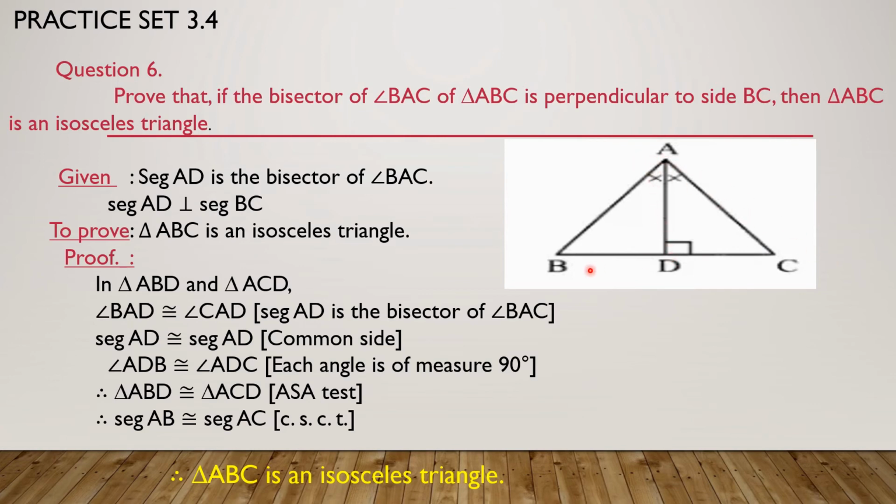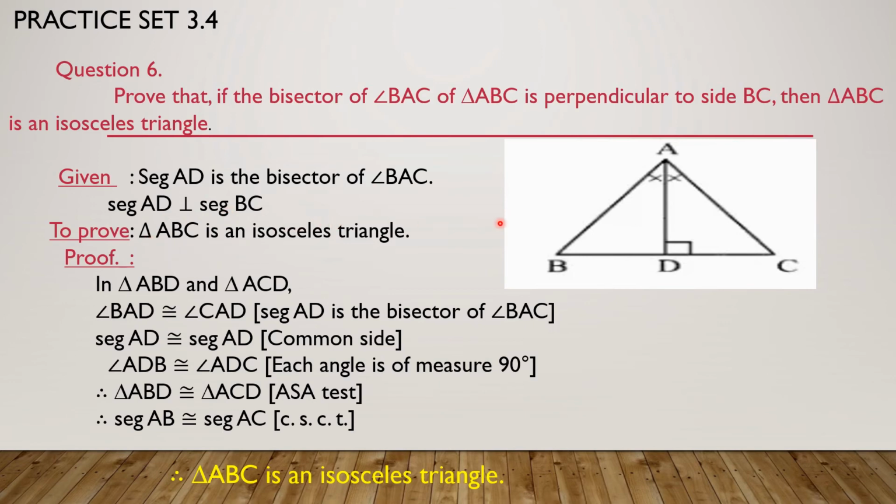That means here AD is perpendicular to segment BC. First write given. Segment AD is the bisector of angle BAC and segment AD perpendicular to segment BC. To prove triangle ABC is an isosceles triangle.